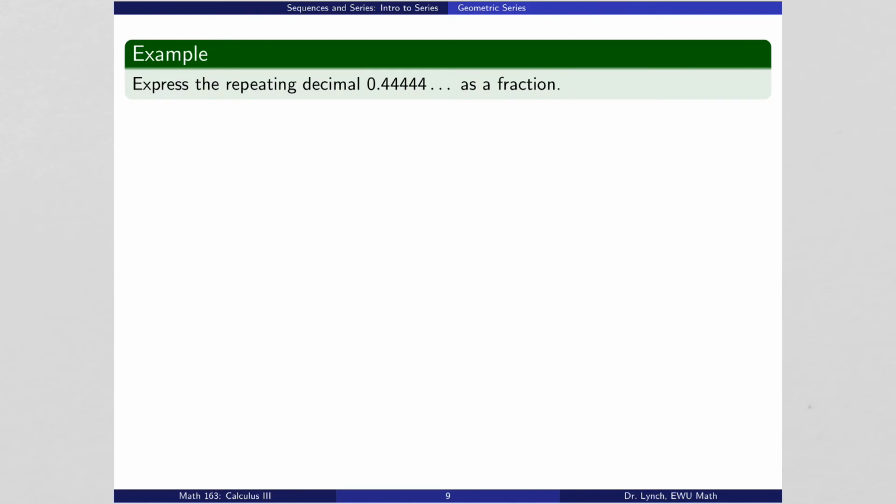Okay, similarly, we sort of motivated this discussion with the discussion of a repeating decimal as an expression of a fraction, and it turns out that we can always change repeating decimals back into fractions too with geometric series. So we'll do that here, writing this repeating decimal with all fours as the following sum.